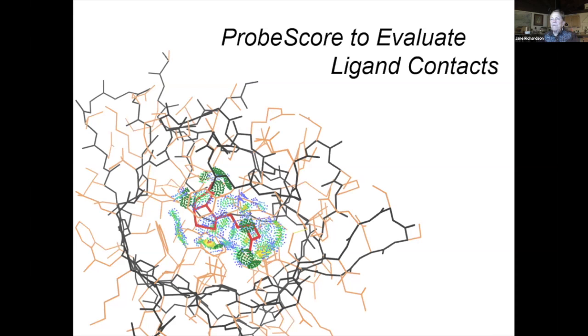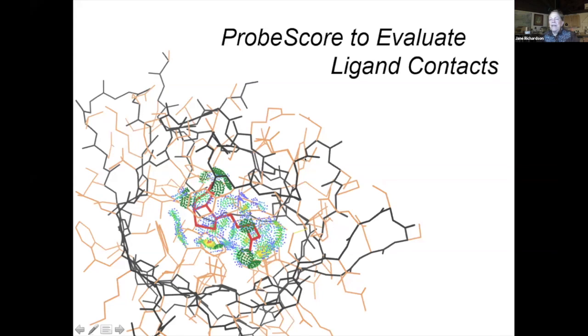We've always had a probe score in MolProbity, but hadn't used it very much, except in doing our own amide and histidine flips. But it's a way of taking, for instance, a single ligand, as here, and doing all-atom contact dots between it and everything else.